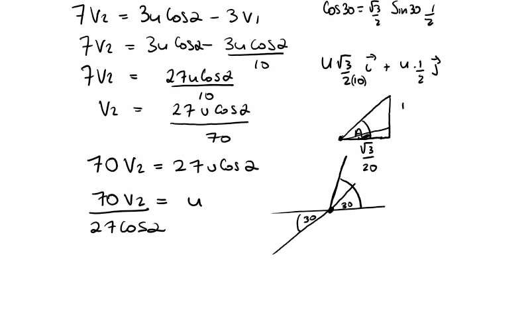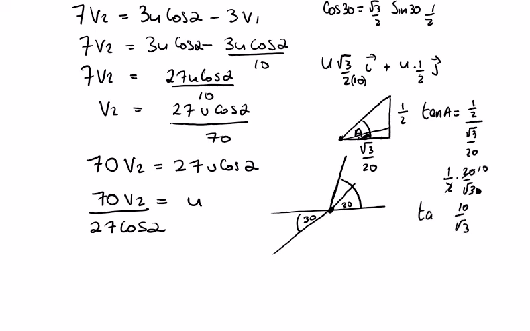I've got root 3 over 20 and I've got a 1 over 2. So the tan of A is equal to 1 over 2 divided by root 3 over 20, which gives me 1 over 2 times 20 over root 3, which is 10 over root 3.